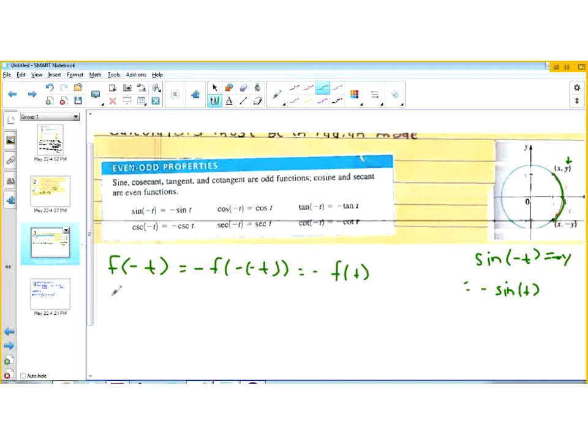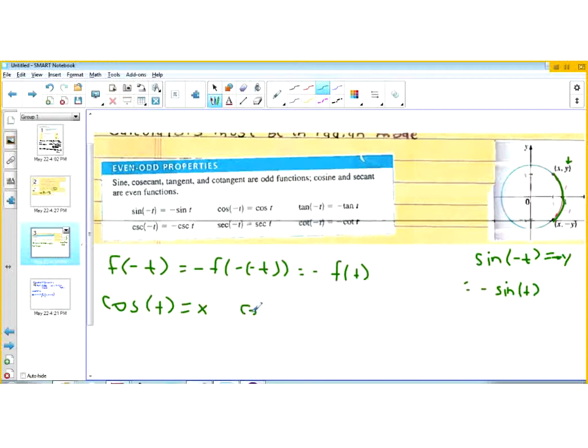All right, so let's consider the cosine function. So the cosine of t, well, let me backtrack. I got my handwriting messed up. Okay, so again, the cosine of t is equal to x.